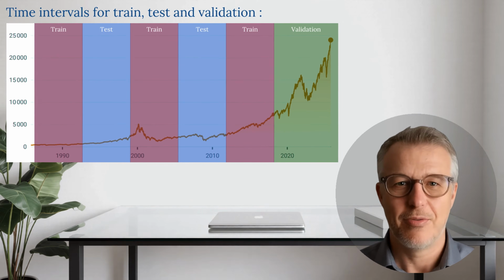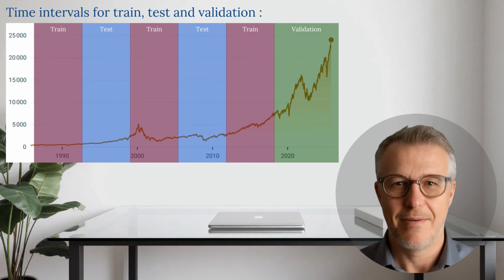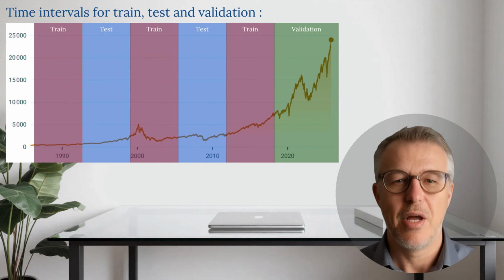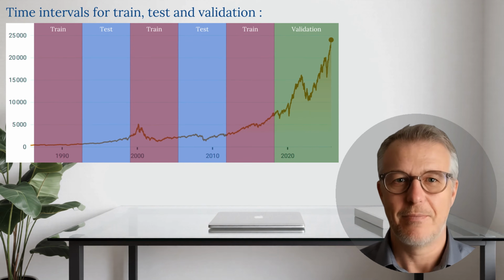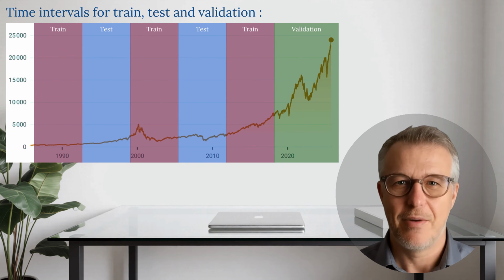To avoid this issue, we can split the timeline into several training and testing windows while keeping a final validation period in the future. This way, early stopping takes into account a different range of market situations, leading to a more balanced and robust model.